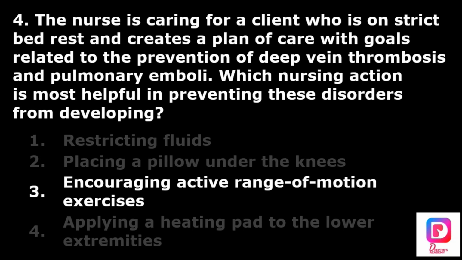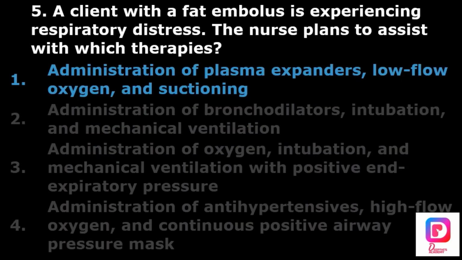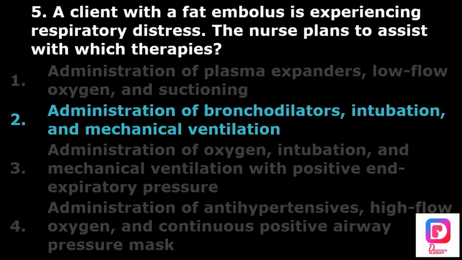Let's move on to the fifth question. A client with a fat embolus is experiencing respiratory distress. The nurse plans to assist with which therapies? First option, administration of plasma expanders, low flow oxygen and suctioning.